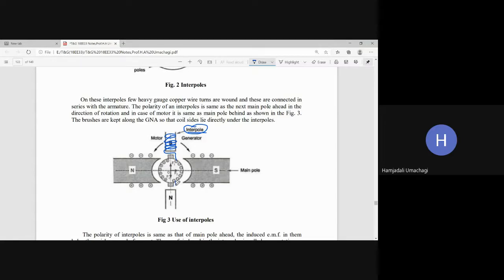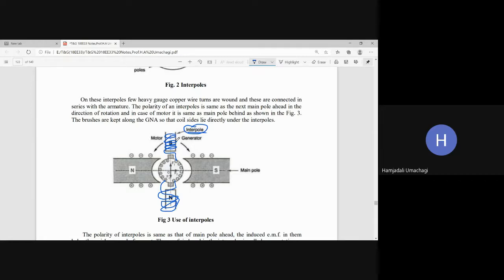Similarly on the other side, in this way it will be connected. So all together, the interpole windings will be connected in series with the armature windings, so that whatever polarity is on the armature winding, the same polarity will be on the interpole winding also.